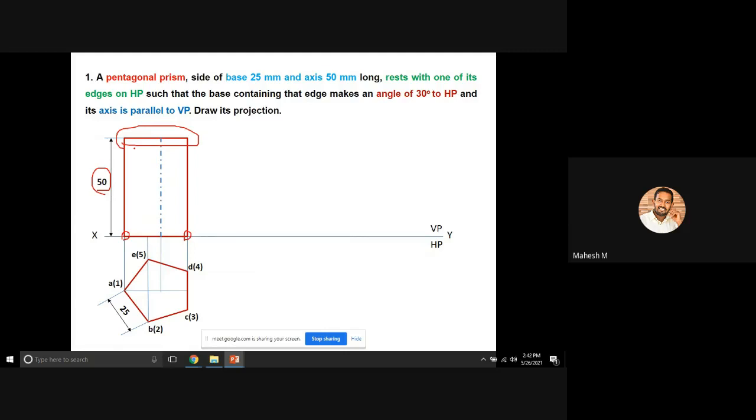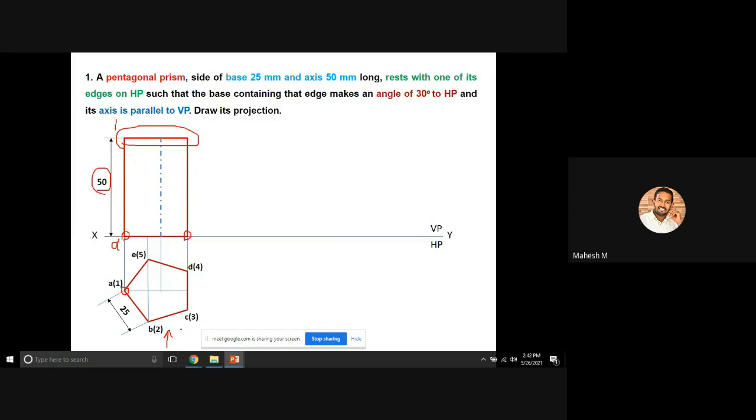Also, while looking from this direction, you have to draw the front view. If you are looking from this direction, you can see this corner, which is called A of 1. So we'll mention here A dash and here 1 dash.